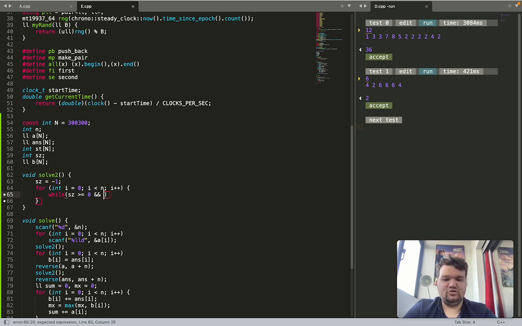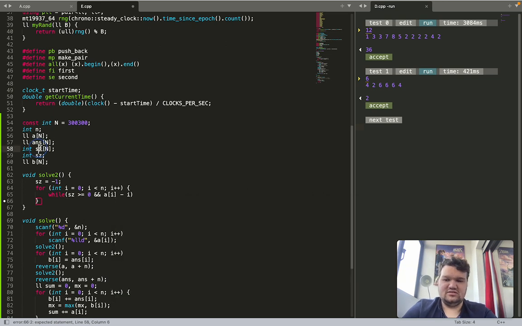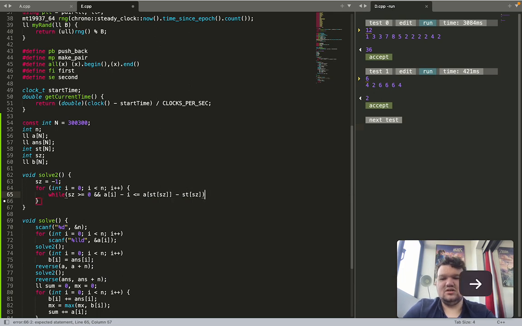So my new value is ai minus i. In the stack I will actually store the position, because I need to know the position. And if my value is at most a on top of the stack minus its index, then I should remove this element from the stack.